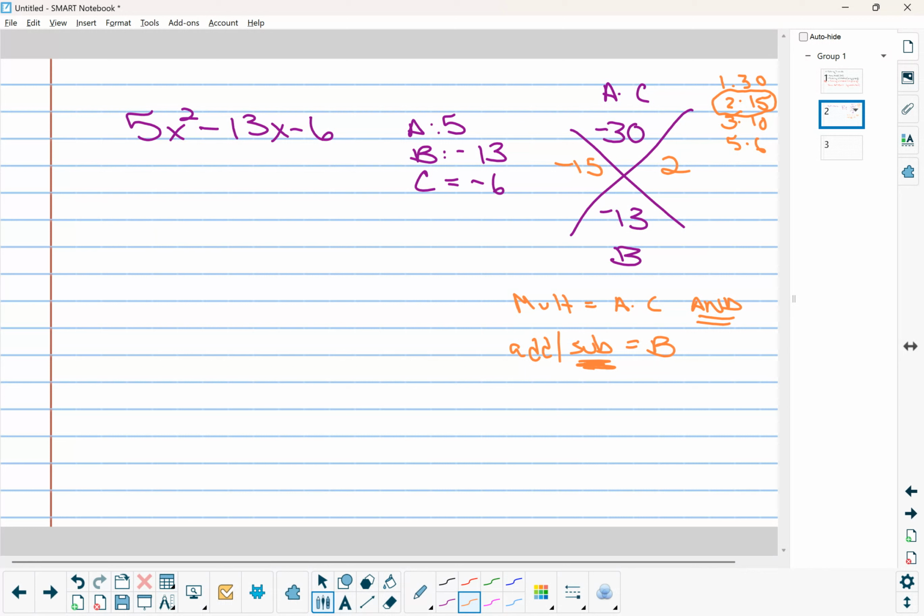Okay, so here's the new information. This is all old stuff. Once you have this set up like this, you're going to divide both factors by the a and reduce if possible.